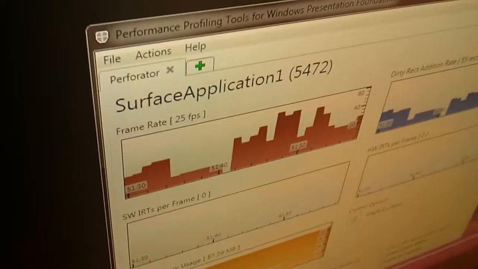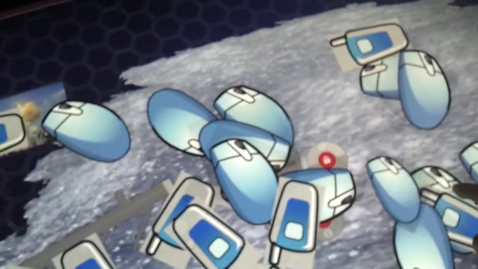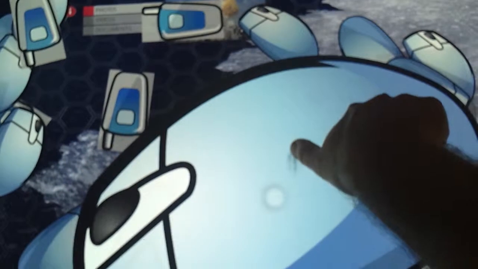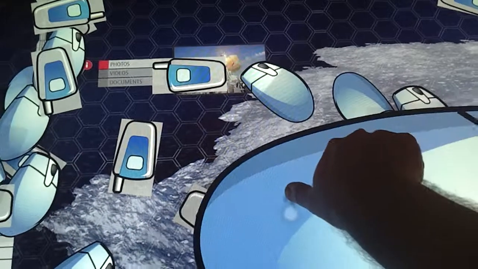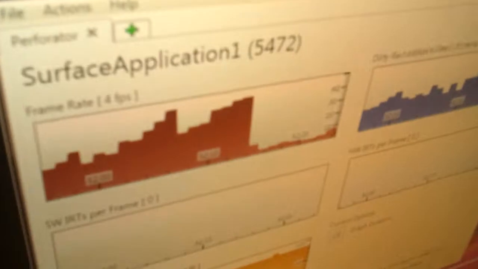Oh, it's actually down to like 20 to 30, 25 as I'm moving around, depending on what I'm moving on top of. This is all still being done with the hardware pipeline too. It would highlight if anything was done with software. Scale it, rotate it. Oh, that rotate's kind of chunky. Yeah, we're down to like 8 frames per second at that point.